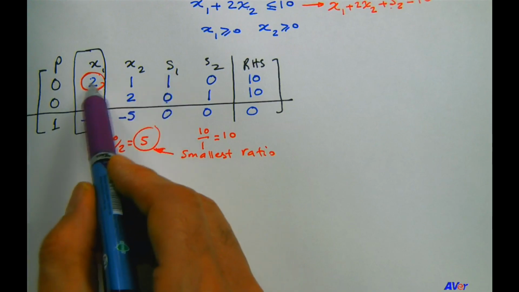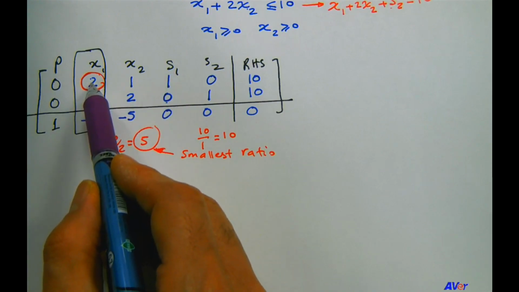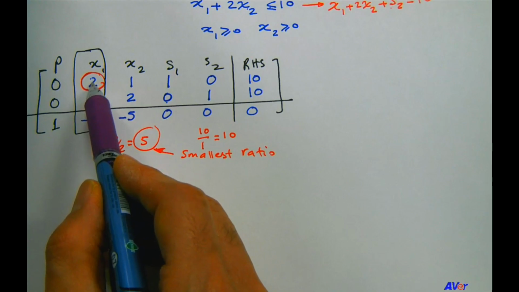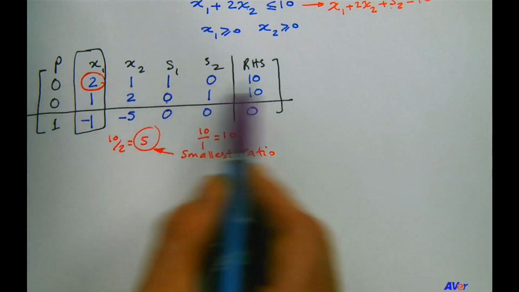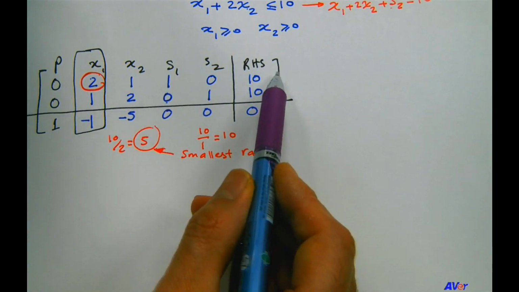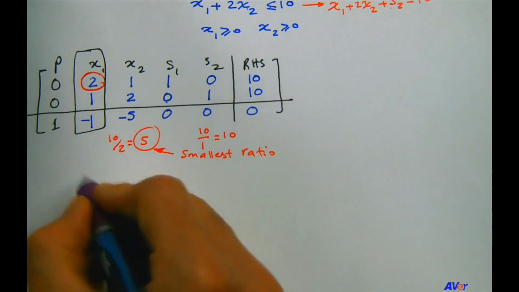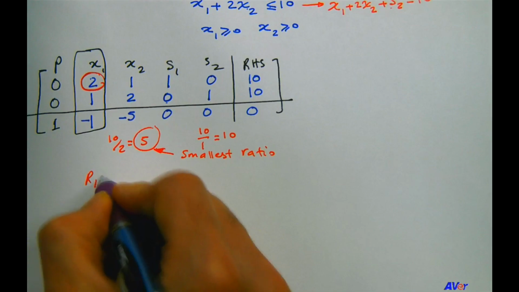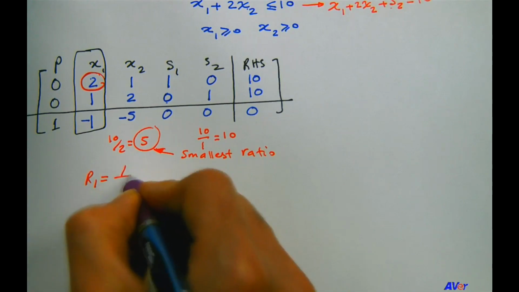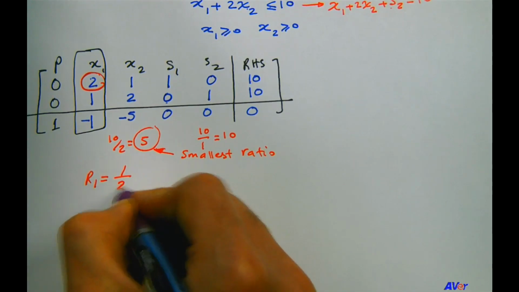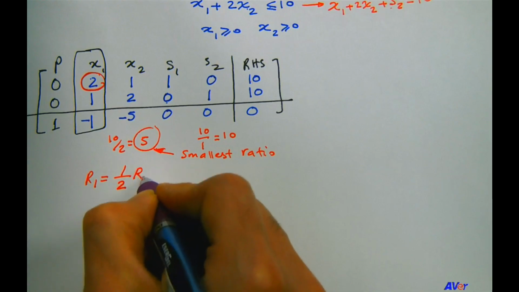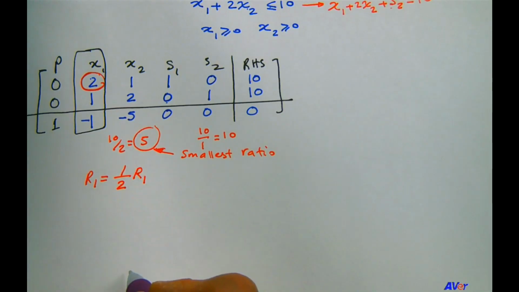Even though it's just this number that we need to convert to 1, we can't just multiply this number by 1/2. We have to multiply the whole row by 1/2. So then this is the row operation we need to implement. It's row 1 is equal to 1/2 times row 1. Okay, so let's do that.